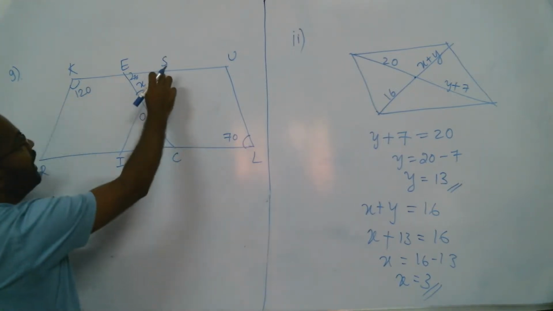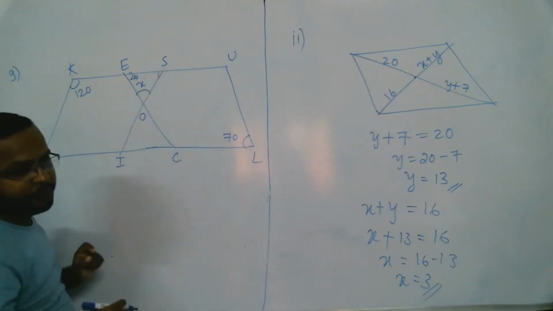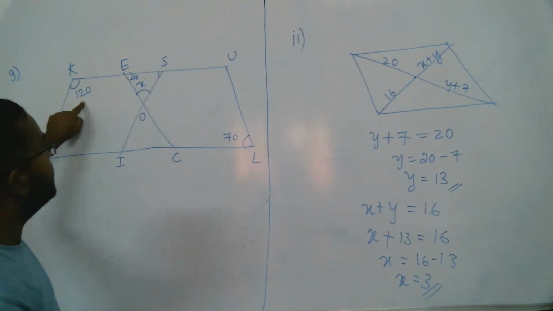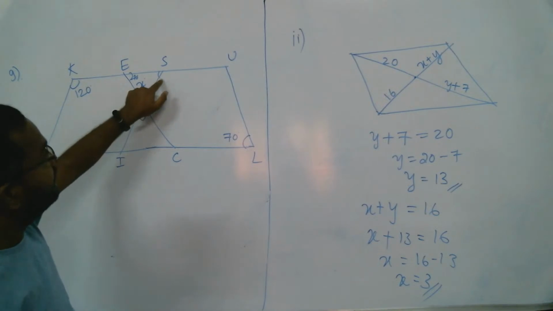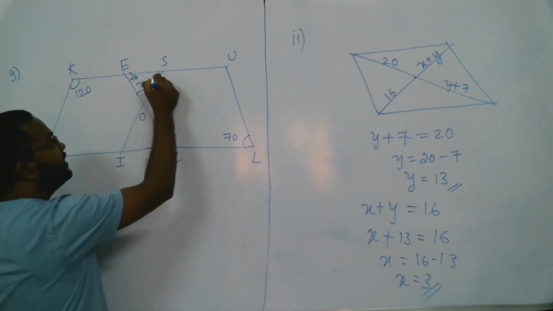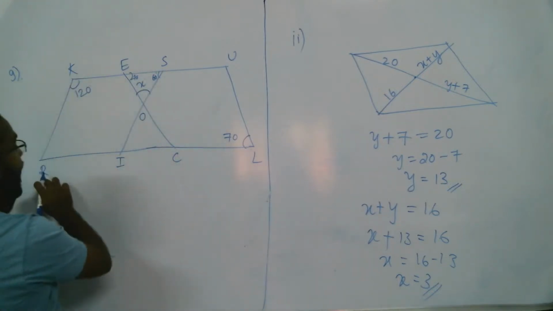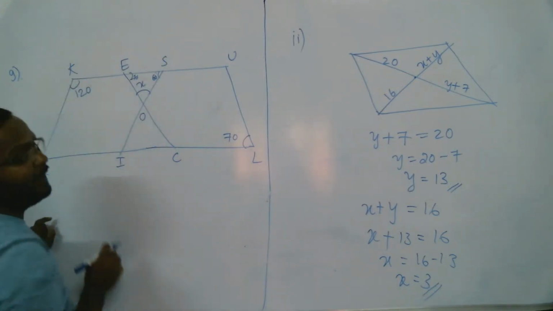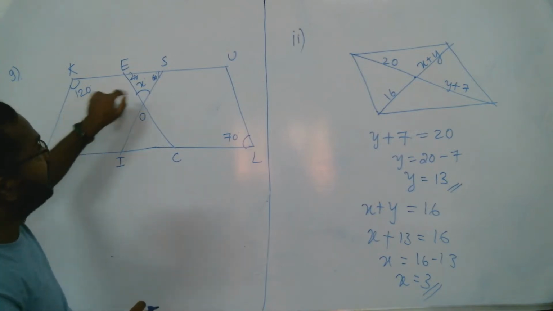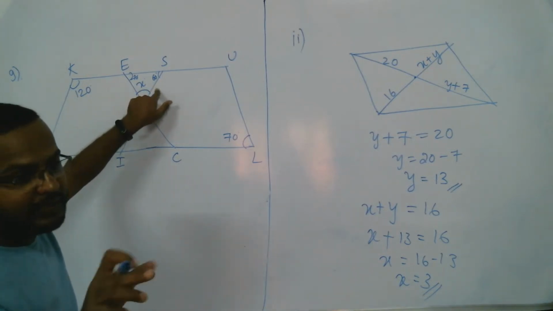Now, we have to find angle S. This angle is 120, so this angle will be how much? 60 degrees. Why? Because RISK is a parallelogram. This is 120 and this angle you can take as X.